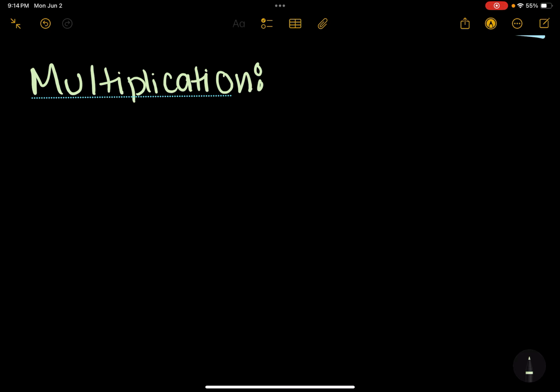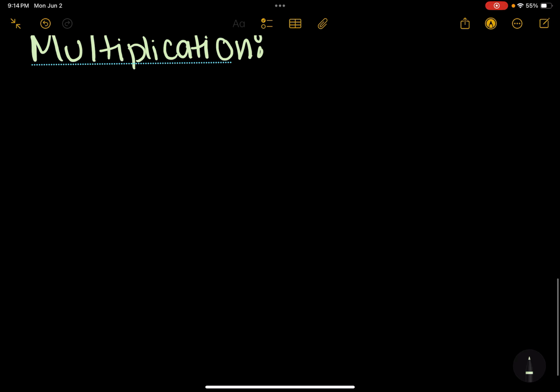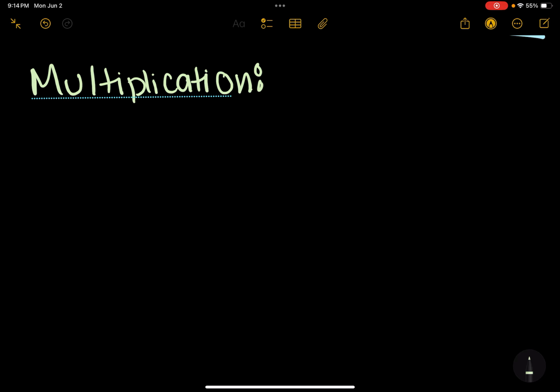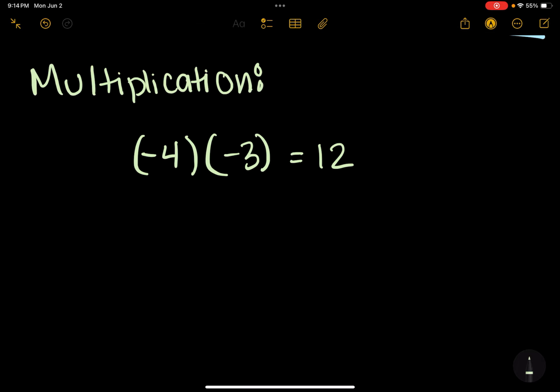For multiplication, what we have is if the signs are the same, the product is positive. So if we have a negative 4 multiplied by a negative 3, 4 times 3 is 12, and because the signs are the same, we get a positive answer.